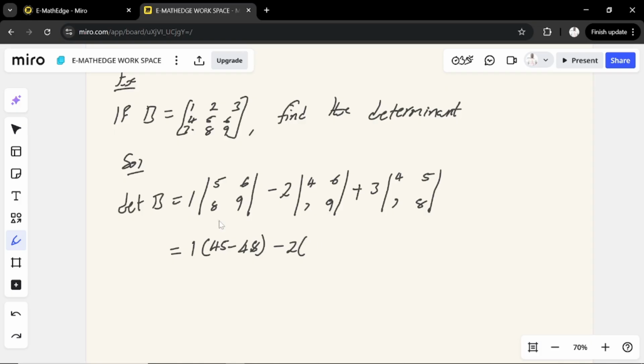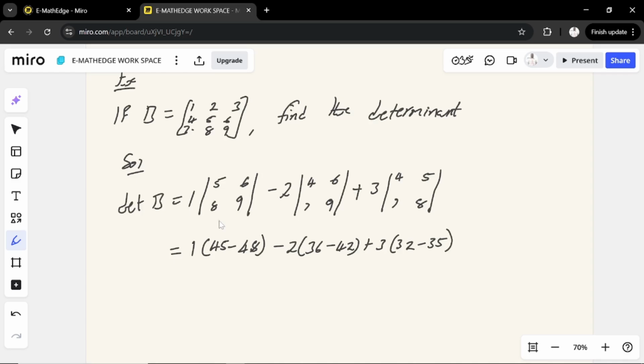We are going to have it to be 36 minus 7 multiplying 6, we are going to have it to be 42. Close the bracket, plus 3, 4 multiplying 8, we are going to have it to be 32 minus 7 multiplying 5, we are going to have 35.